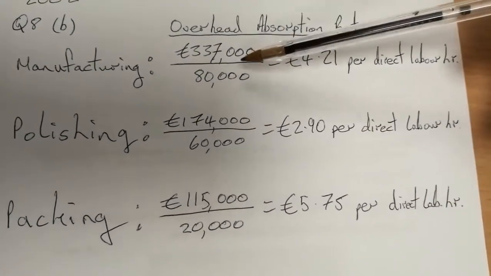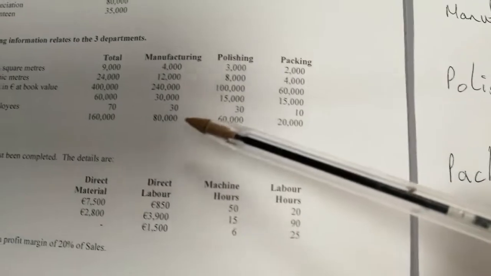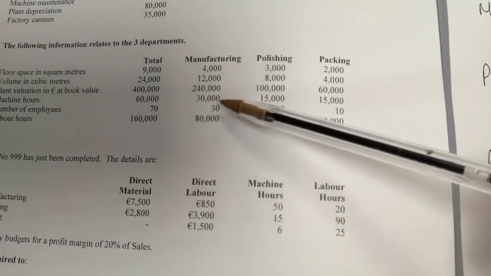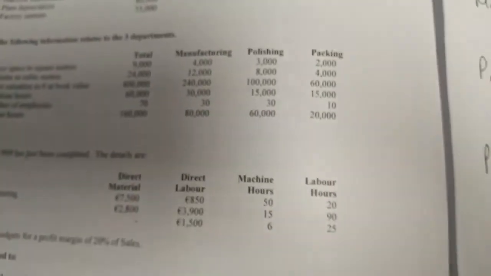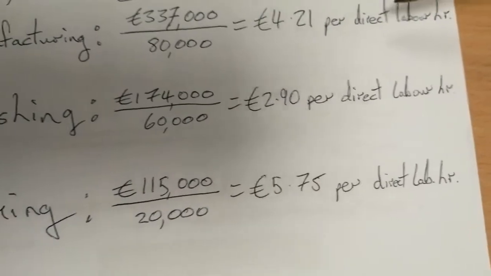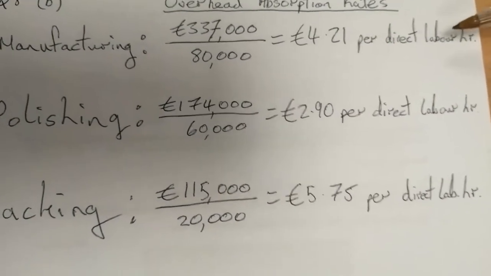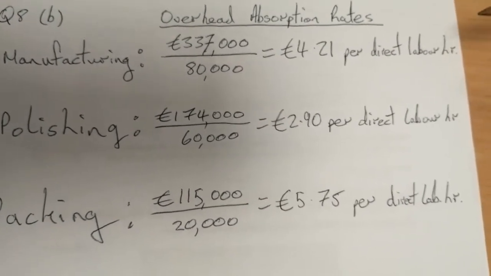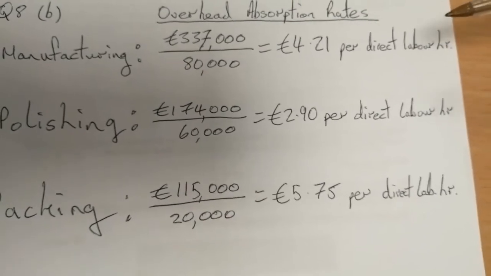Now, as I say, in the exam papers, in the manufacturing side of it, they divided by 30,000 and they got a rate per machine hour. They also showed what you would get if you used direct labour hours, the 4.21, because it is also correct and acceptable. In fact, I would say more correct.